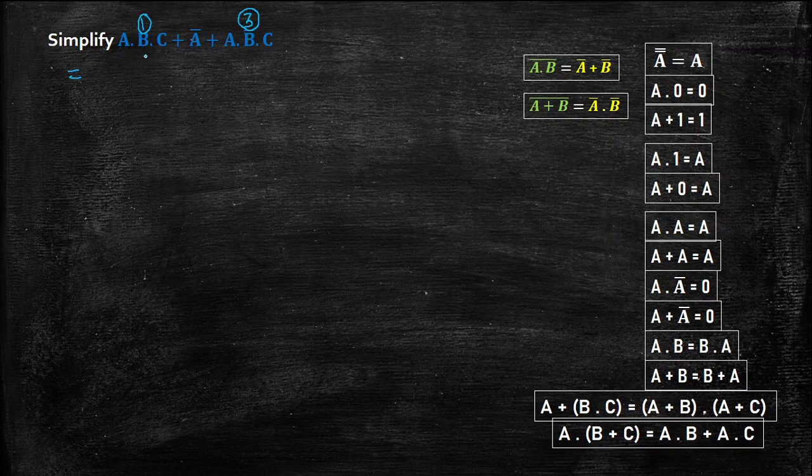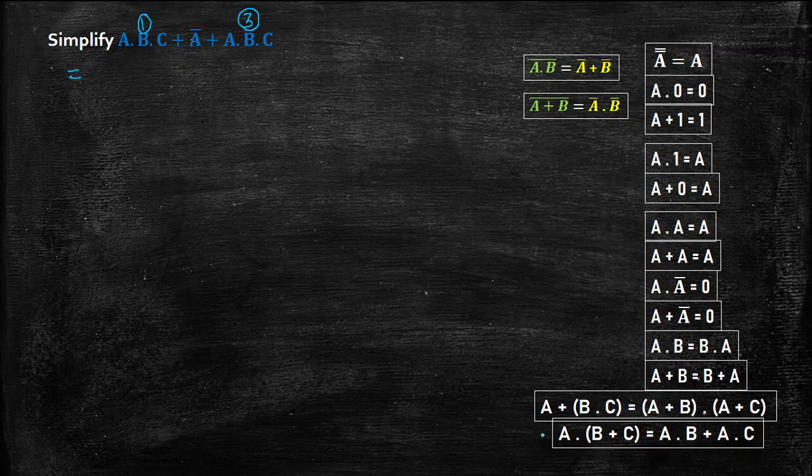In the first term it's A dot B dot C, and in the third it is A dot complement of B dot C. That means A and C are common for term number 1 and term number 3. So we can use the distributive law in this case, so that we can take A and C out of the bracket, and inside the bracket there will be B and B complement.